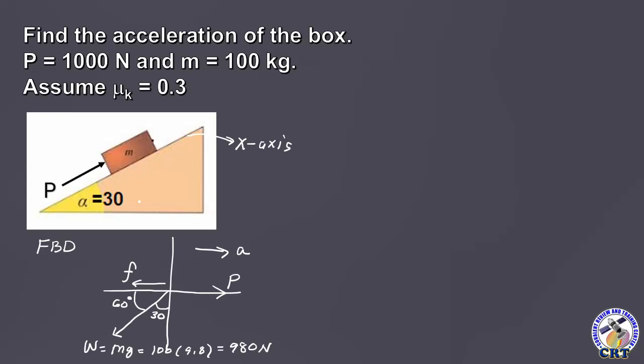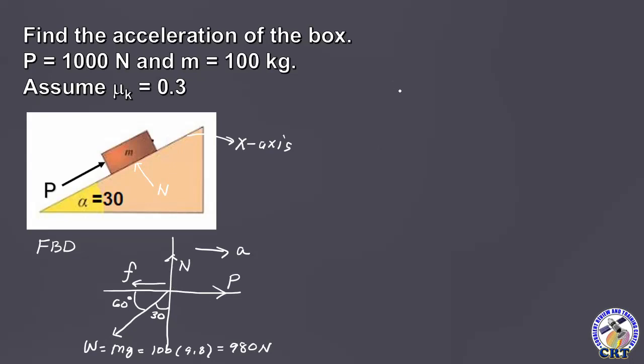Okay, so what else? There is a normal force perpendicular to the contact between the box and the incline. So here in the free body diagram, we can plot that normal force here. This is the normal force direction.